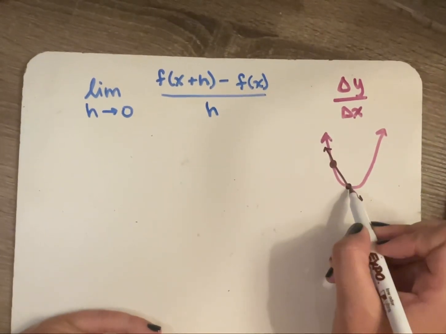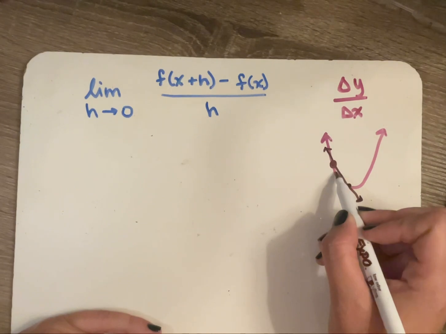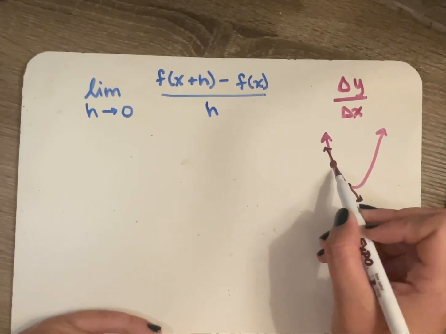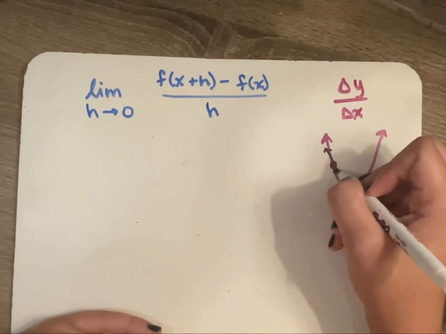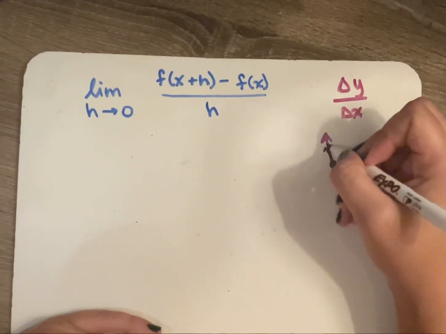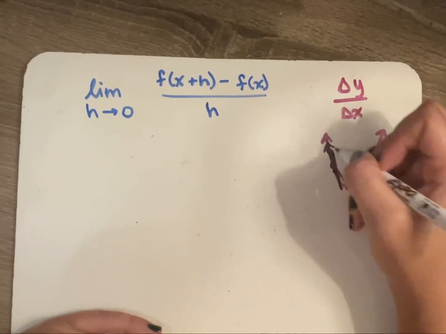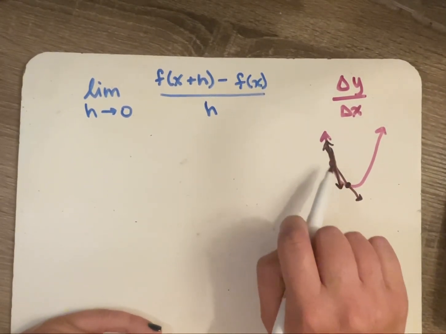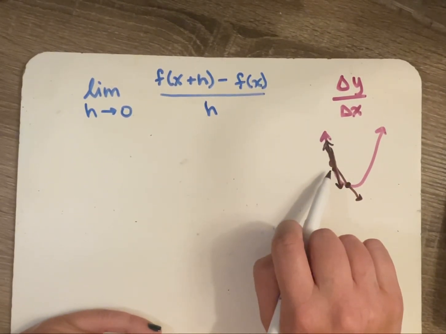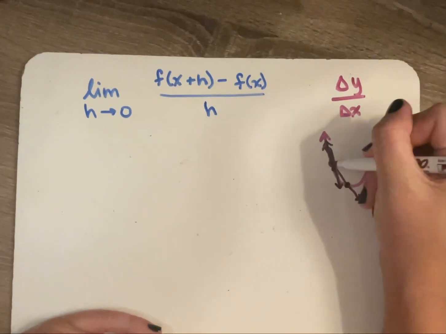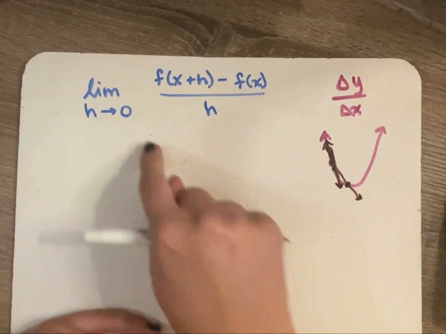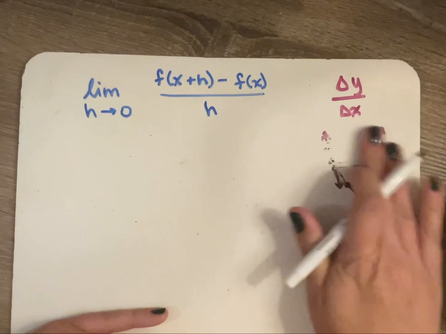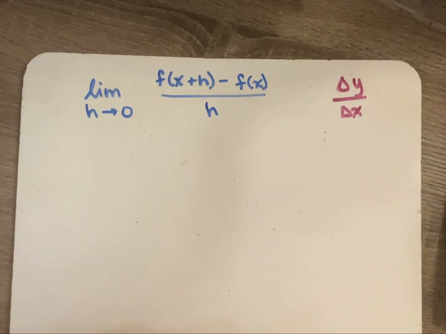But if I take this point and I move it closer and closer to the point I'm actually interested in, as I get really, really close, that secant line is going to better represent the tangent line. So I'm imagining, what is this slope of this secant line approaching as the distance between these points goes away, as it approaches 0.